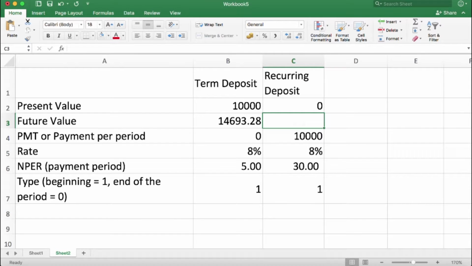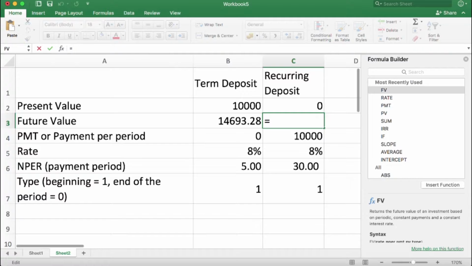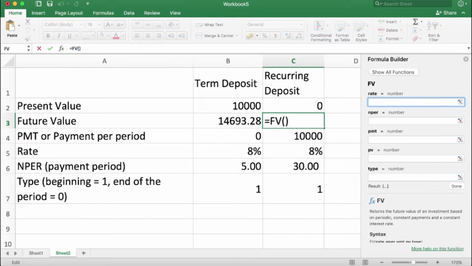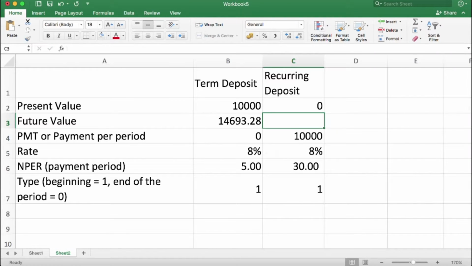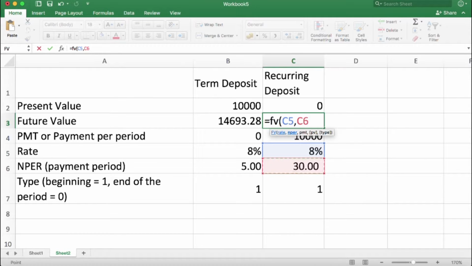Now we need to find out the future value. Either you can invoke the function like what we did earlier, and fill up all these numbers. But once you are familiar with this function, you don't need to go through this process. We can easily say future value is equal to rate 8%, NPER 30 years, PMT 10,000. This is also minus, therefore let us put minus 10,000.